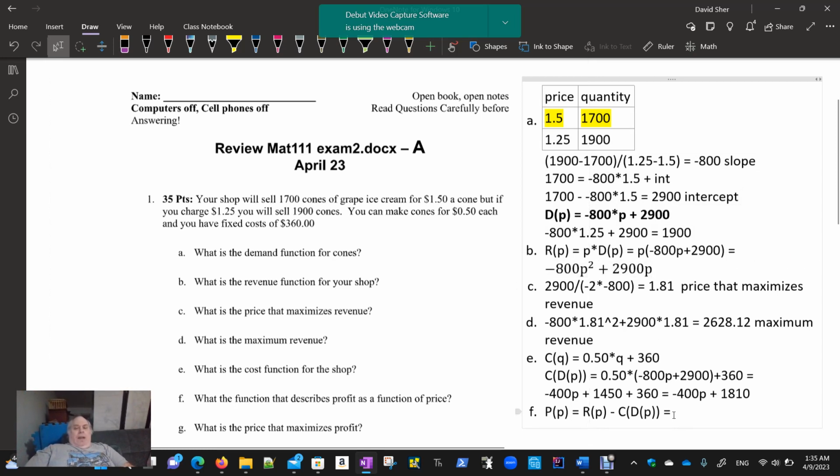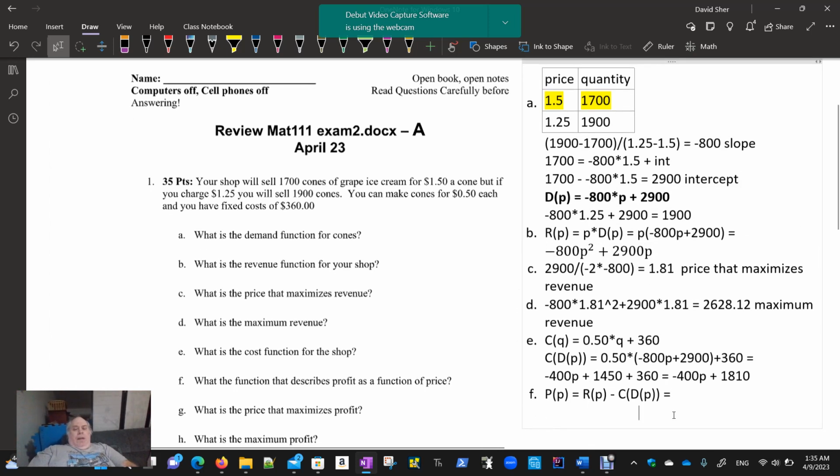So we'll take that minus, and we'll parenthesize that because we'll subtract the whole thing, negative 400p plus 1810.